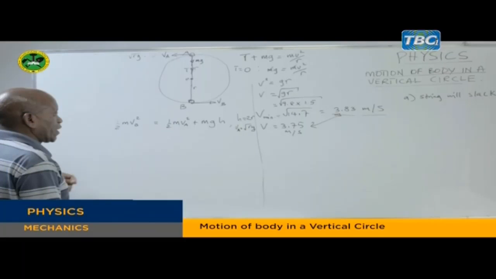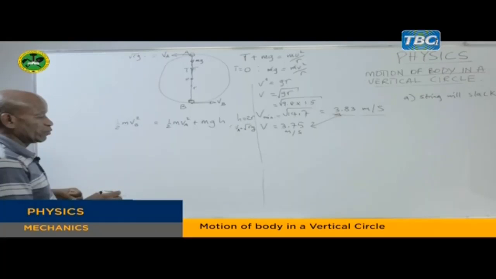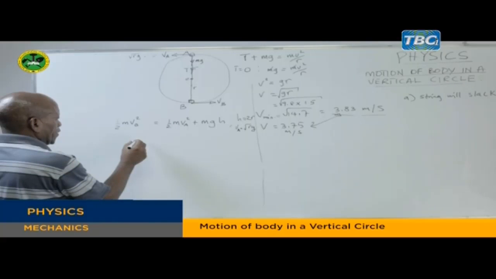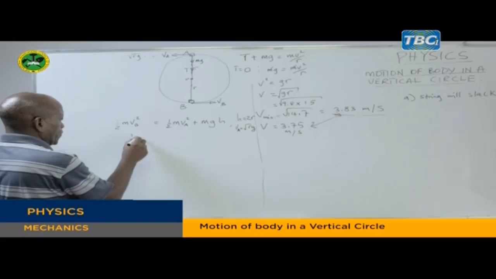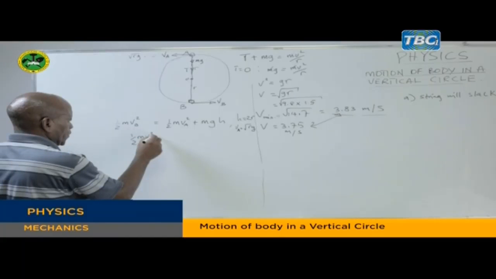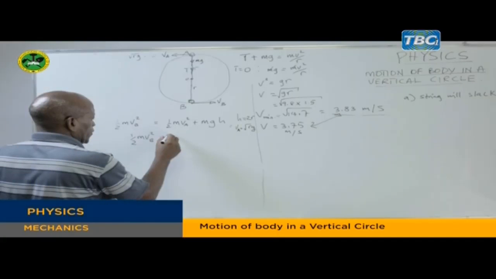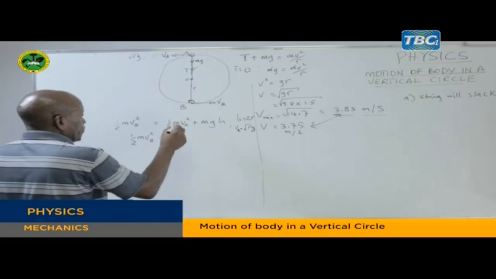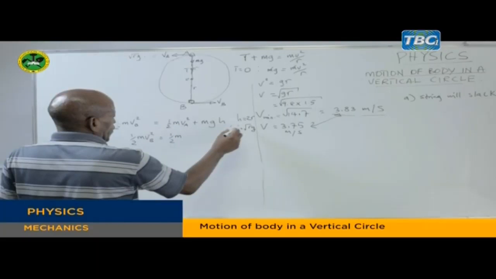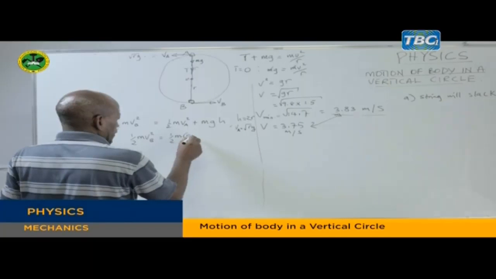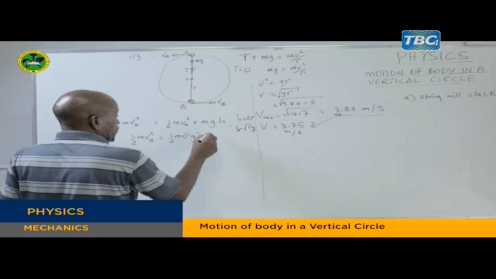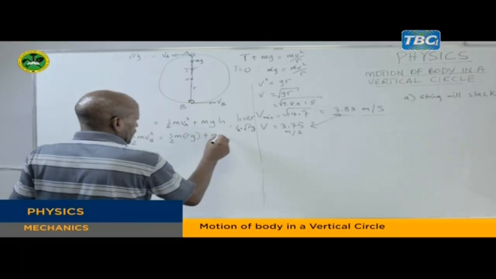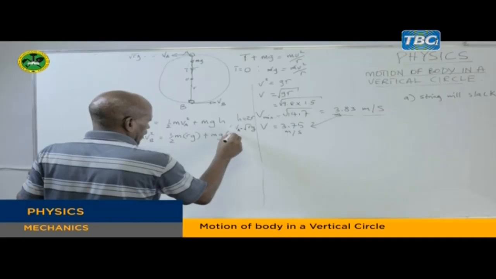So we just need to substitute and see what we get. Here we have a half times m times vB squared, which is equal to a half times m times vA squared, where vA squared is rg, plus mgh. So this is m times g, and h is equal to 2r.